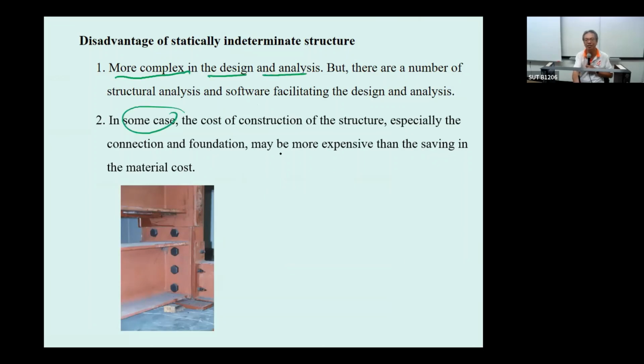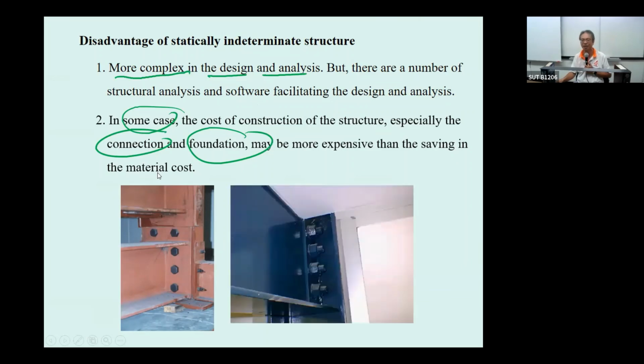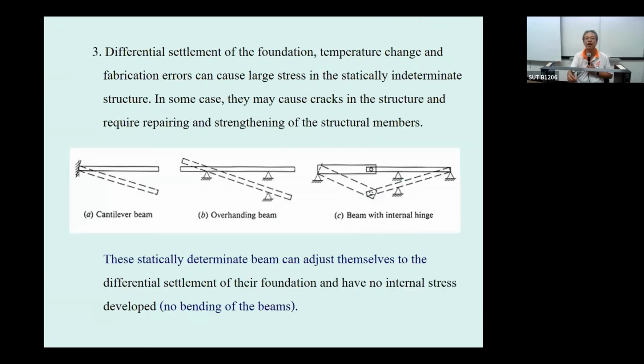In some cases, you have to provide a good foundation and a good connection, and since you have to provide a lot of things, it's going to be more expensive than a determinate structure. You have to put in a lot of bolts to make it fixed. And differential settlement will produce forces in the indeterminate structure.